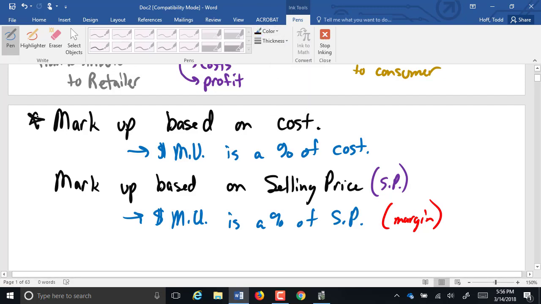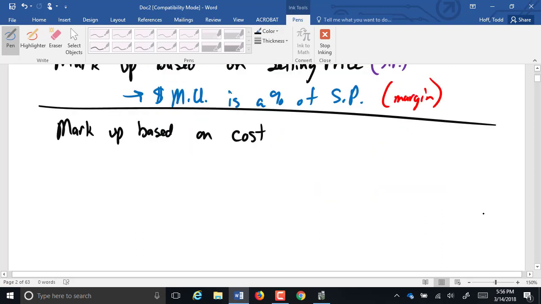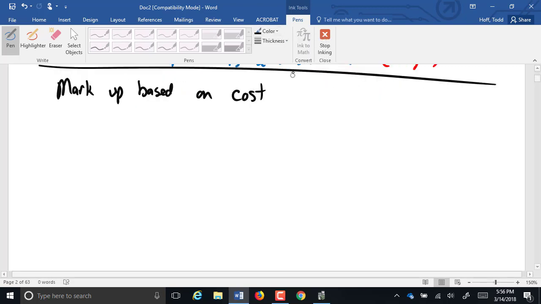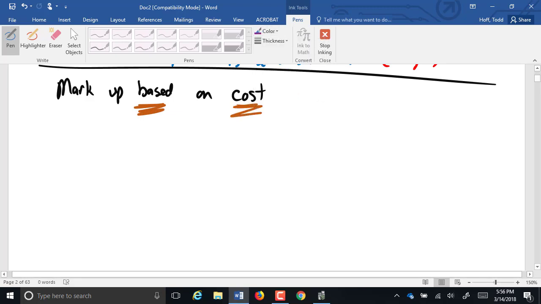Let's start out with that first one, markup based on cost. First, let's talk about that phrase, based on cost. Base, remember, was a term when we were doing percents.